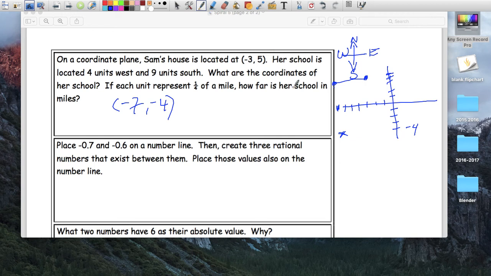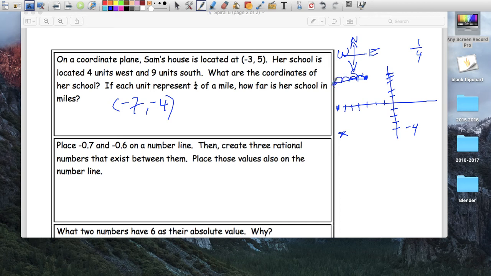If each unit, so each block that she walks, represents 1/4 of a mile, how far is her school in miles? Well, she walked 4 units, 1, 2, 3, 4, and how many down? 9. So, no, not 4 times 9. 4 left, west, and 9 down. 4 plus 9 is 13, so there's 13.